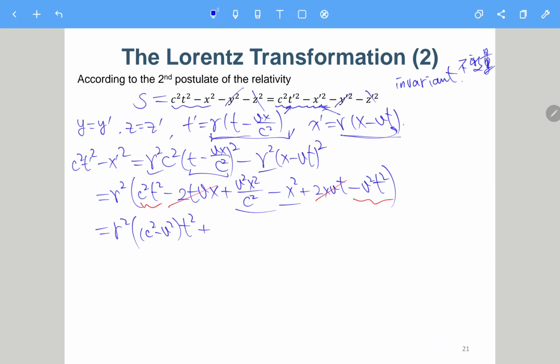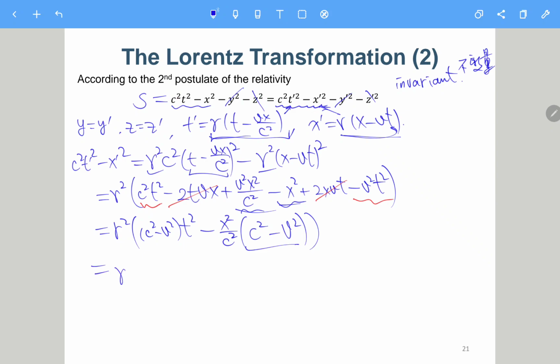We have a common factor of x squared, and maybe we can also factor out 1 over c squared. So it becomes minus x squared over c squared. This one becomes c squared, this one becomes minus v squared. So we have a common factor c squared minus v squared here.